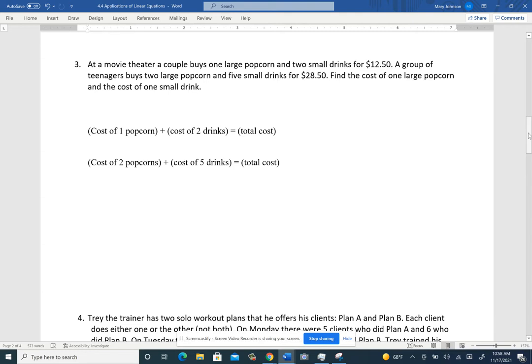All right, now this one's a little different. Let's just read through it. At a movie theater, a couple buys 1 large popcorn and 2 small drinks for $12.50. Then another sentence says a group of teenagers buys 2 large popcorn and 5 small drinks for $28.50. Find the cost of 1 large popcorn and the cost of 1 small drink. So I'm going to let X be the cost of 1 large popcorn.